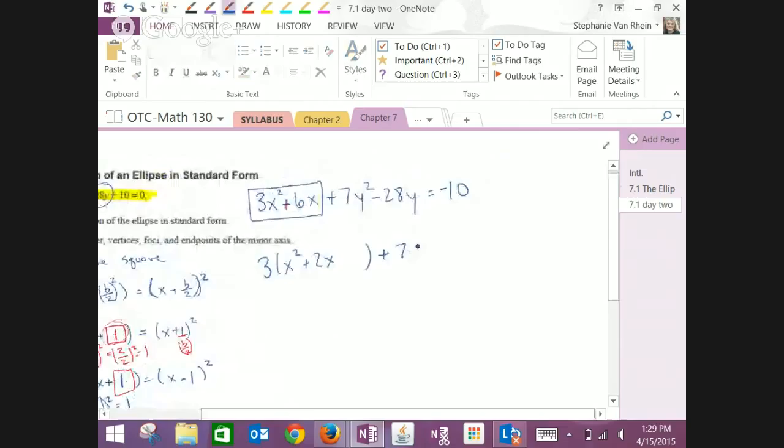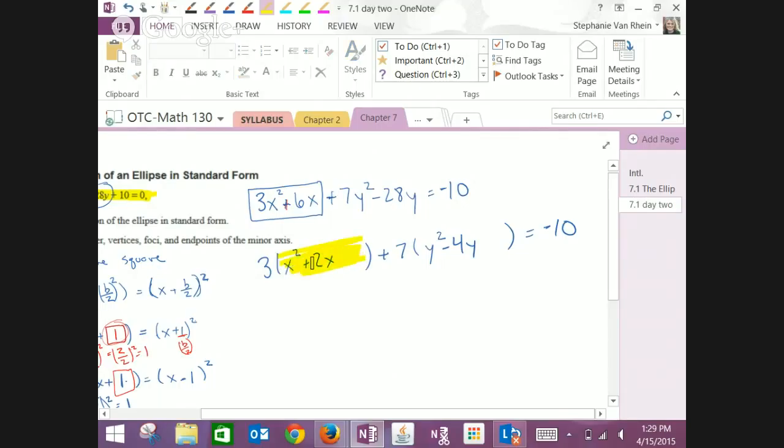Plus 7 times y squared minus 4y equals minus 10. Everyone with me at this point? So what I have highlighted here, I want to make that a perfect square.